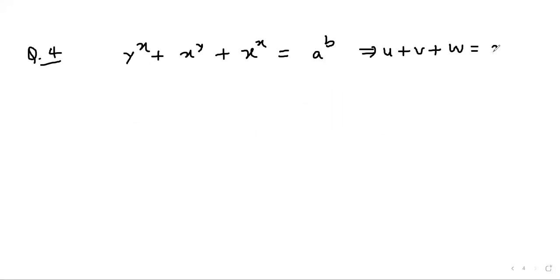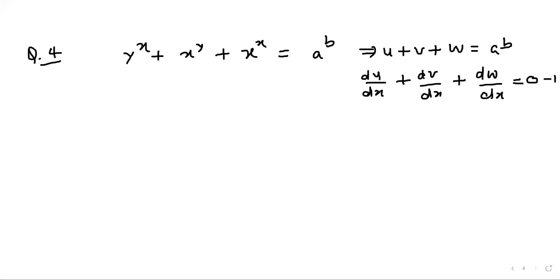Now let's take the next question. We are given y power x plus x power y plus x power x equal to a power b, and we have to find dy by dx. So let's write it as u plus v plus w equal to a power b, and we differentiate it. So du upon dx plus dv upon dx plus dw upon dx equal to 0, because this is a constant.